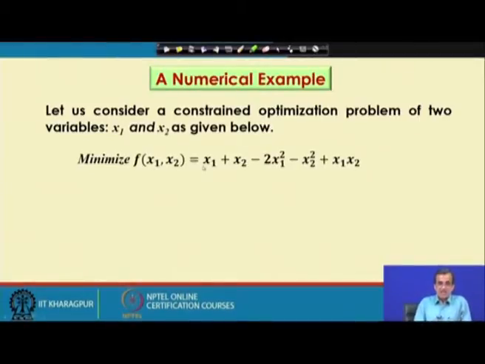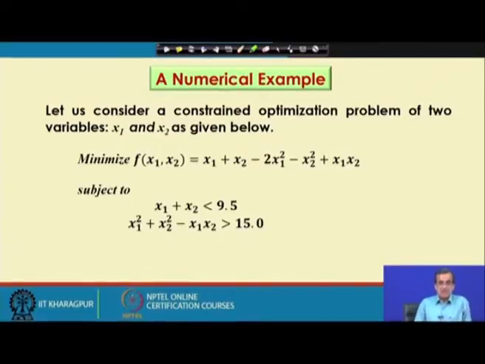The objective function is as follows: minimize f of x 1, x 2 equals x 1 plus x 2 minus 2 x 1 square minus x 2 square plus x 1 x 2, subject to x 1 plus x 2 less than 9.5 and x 1 square plus x 2 square minus x 1 x 2 greater than 15.0, and x 1, x 2 lying between 0 and 5.